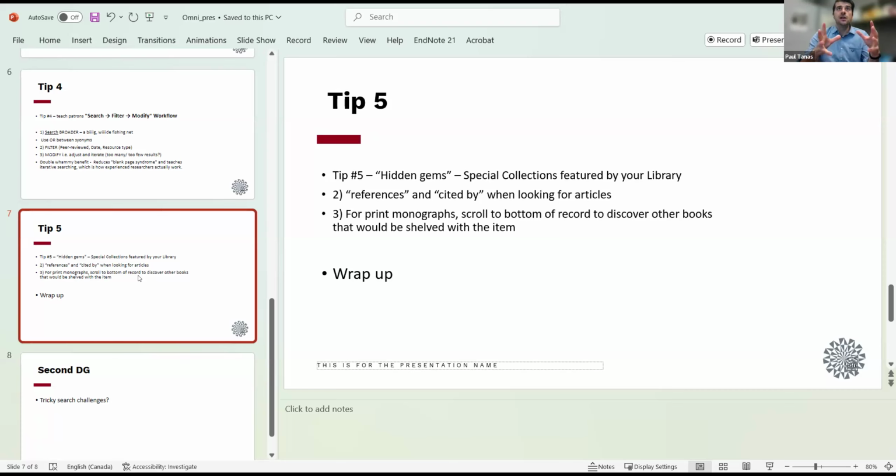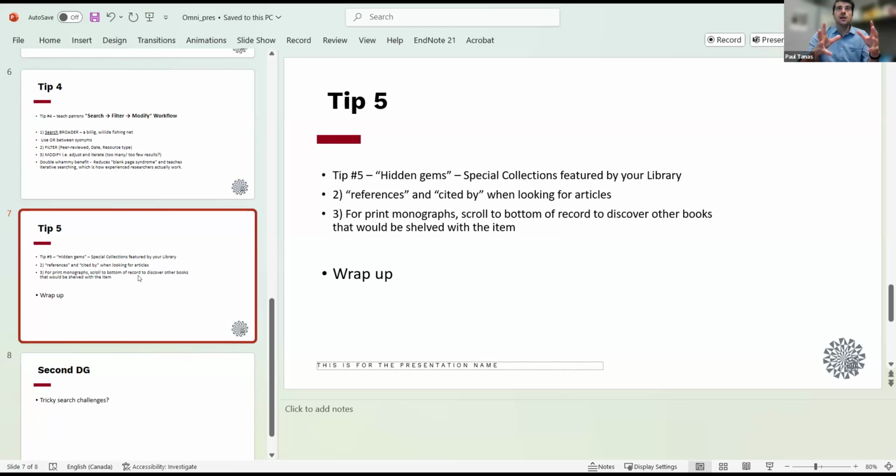Do they always appear, or is it only on articles, or is it on books? Yeah, on articles. This applies to journal articles. It doesn't apply to books, because they would have too many references, I assume. Okay, it makes sense.